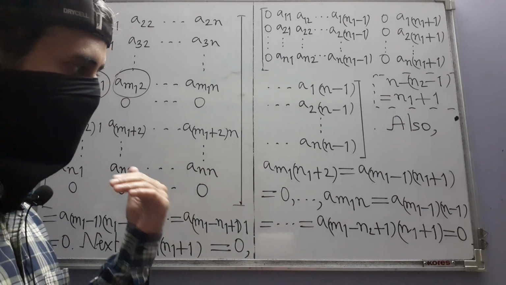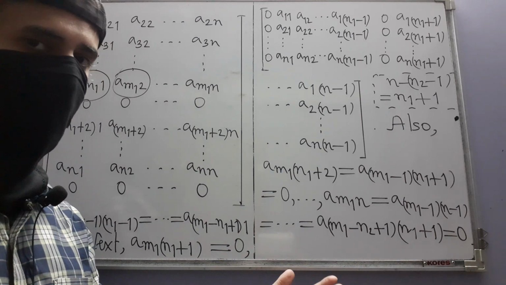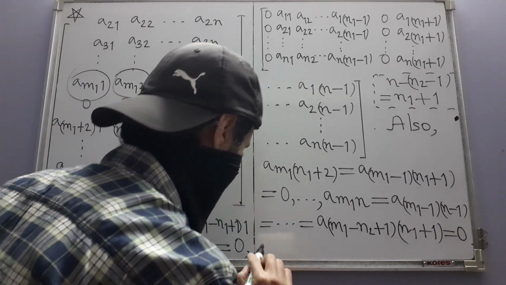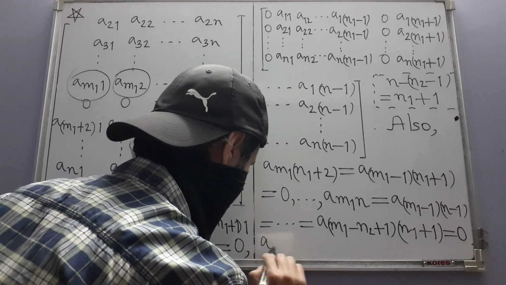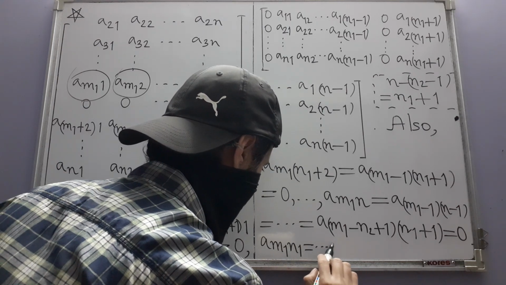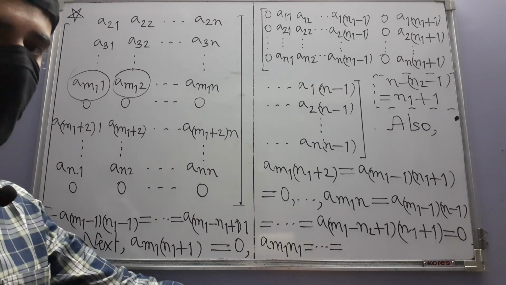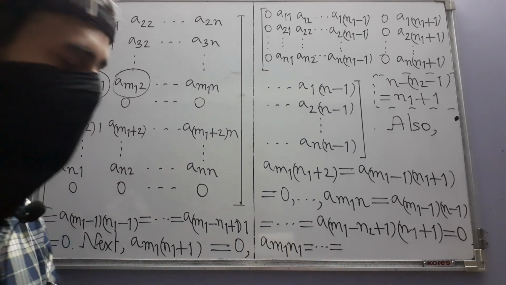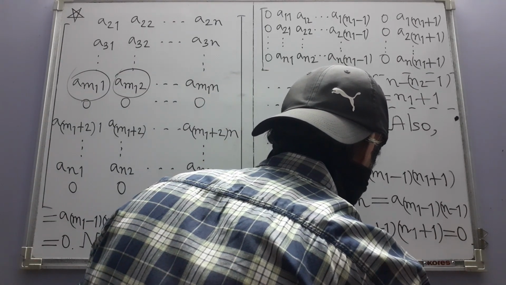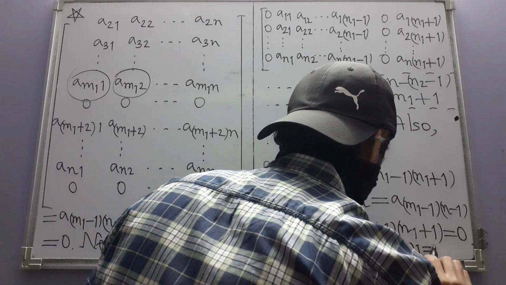The column index went up to n1. When we calculated a m1 n1, there also we got a chain of equalities, right? In order to turn n1 into 1, we had to subtract n1 minus 1. So from this also, we subtract this, and this is how we got 0 there.